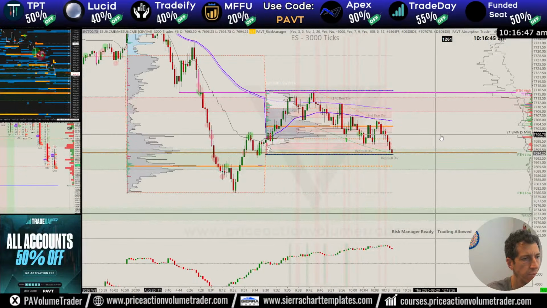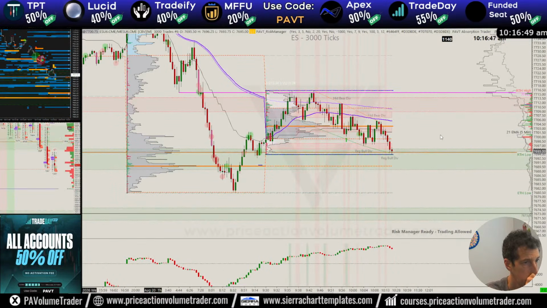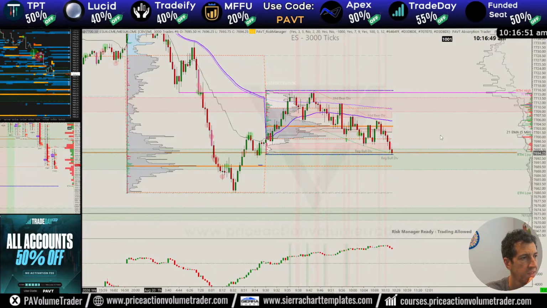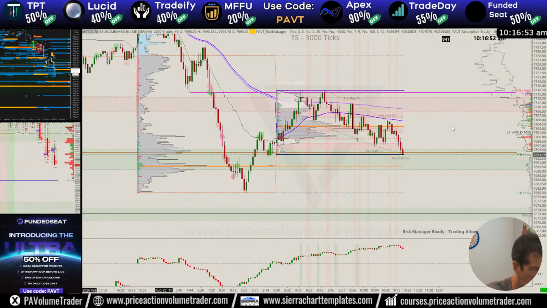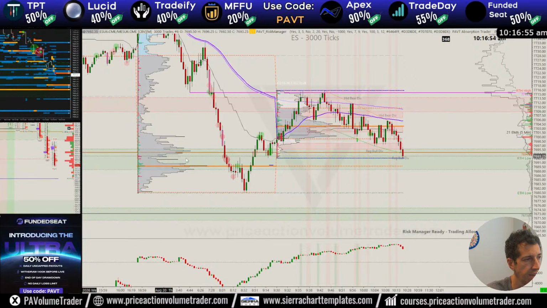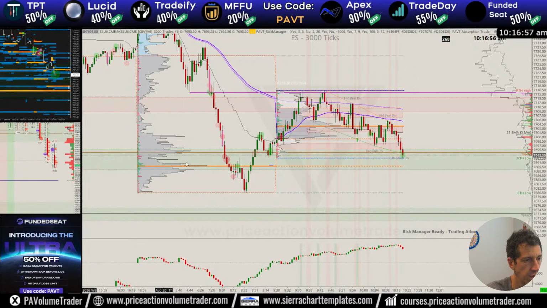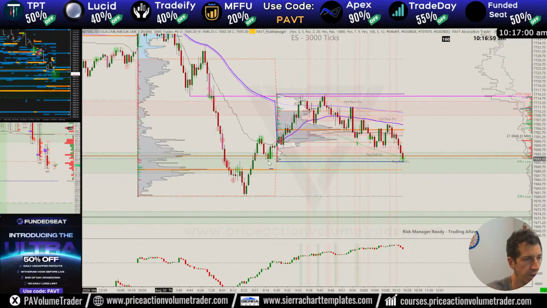Let's see if we can push through. We are coming into a significant support area. You can see a low volume node zone from the overnight.